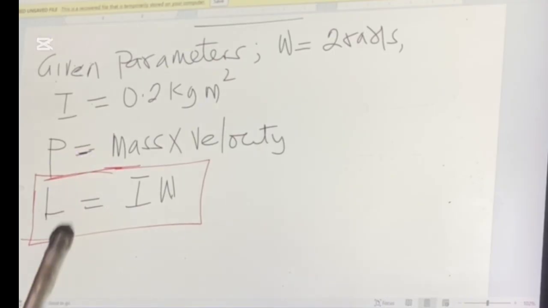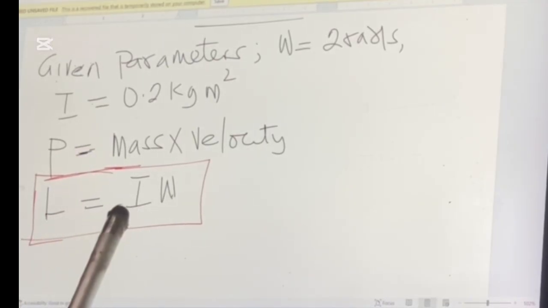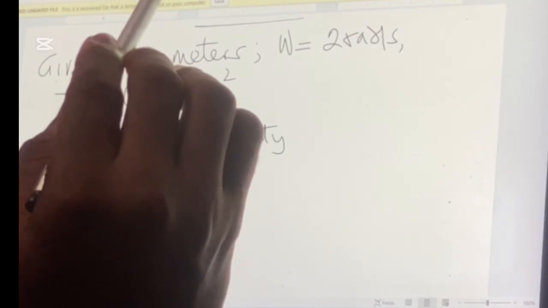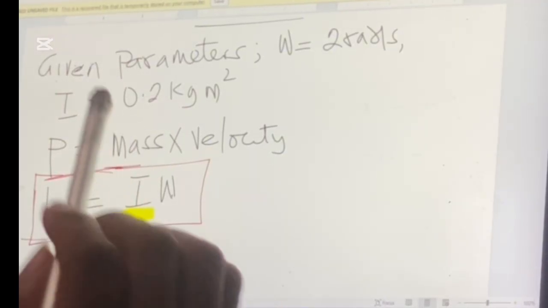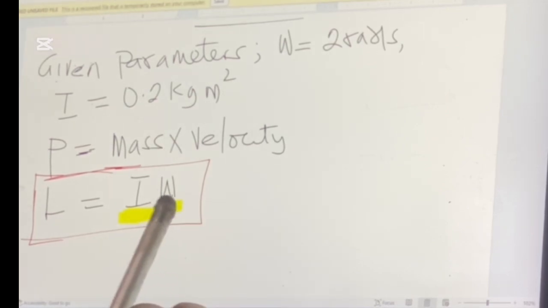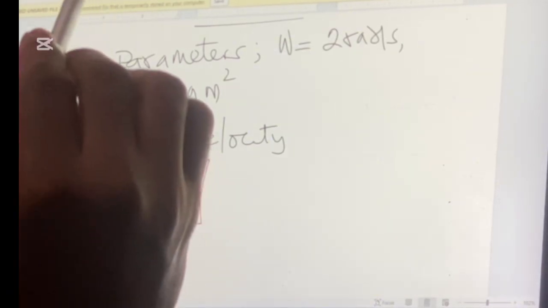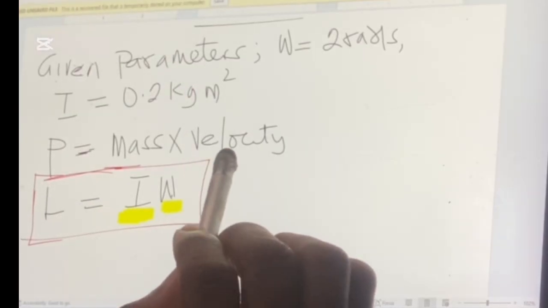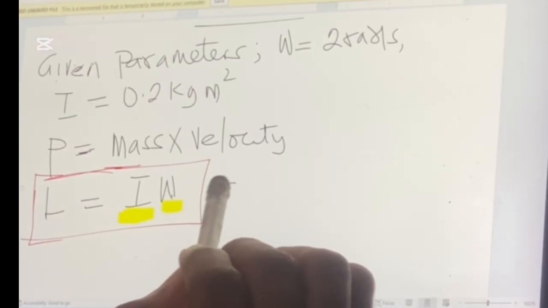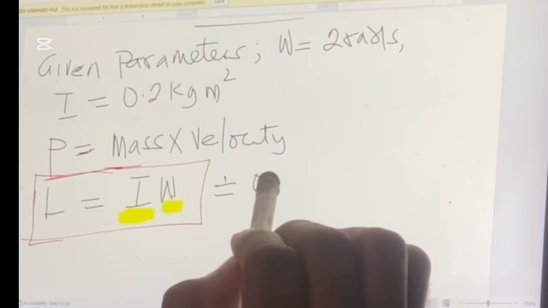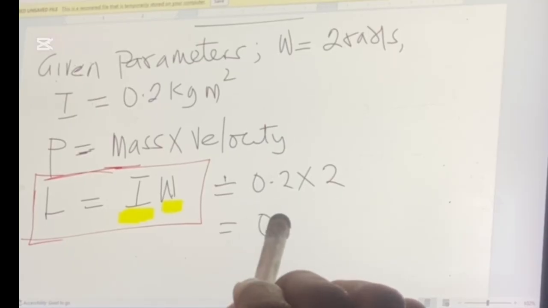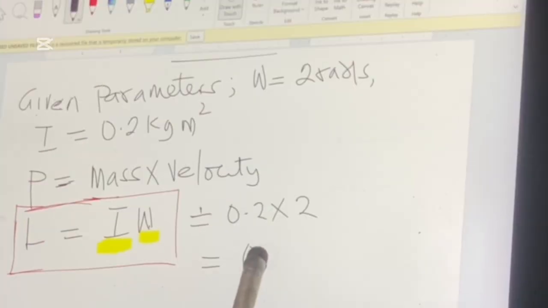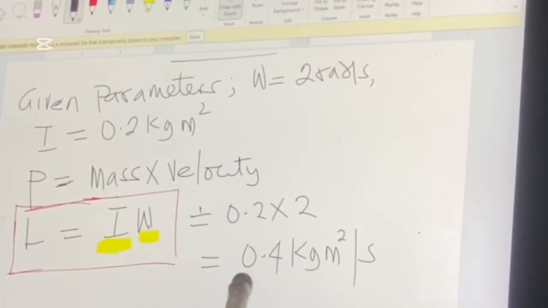So using this formula, L equals I omega, where I represents moment of inertia and omega represents angular velocity. Replacing the values, we have 0.2 times 2, and our answer will be 0.4 kg meter squared per second.